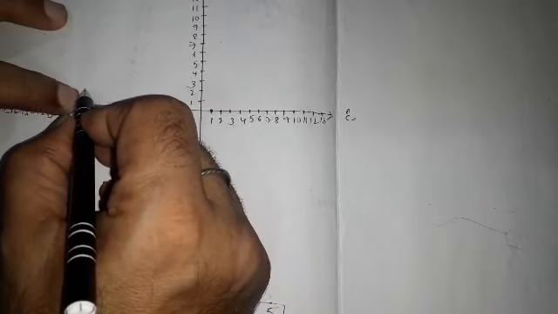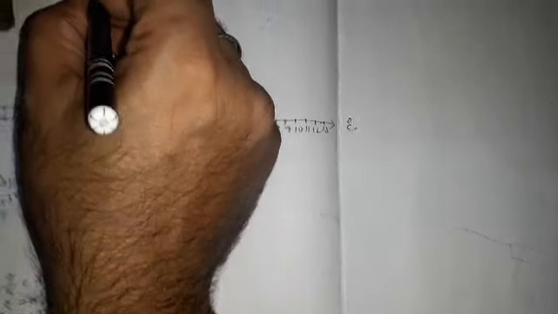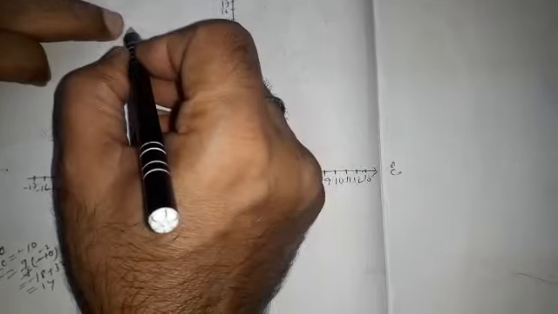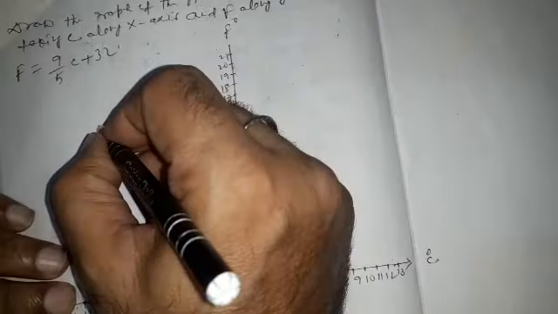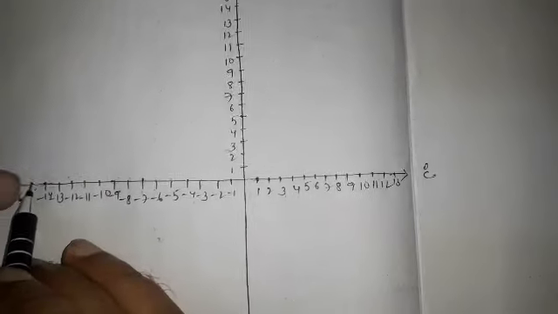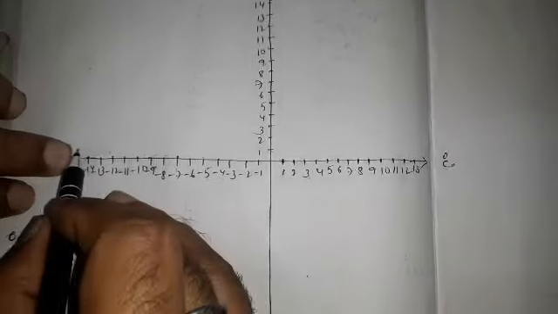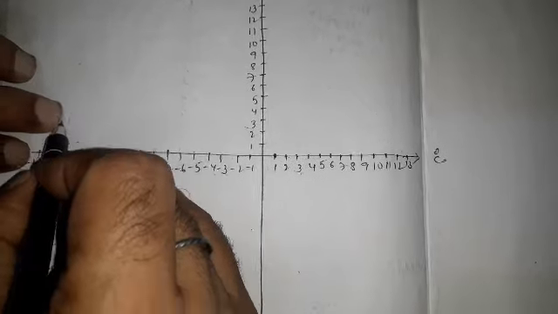So this point shows minus 10, 14. Second, if C is minus 15, then F is 5.